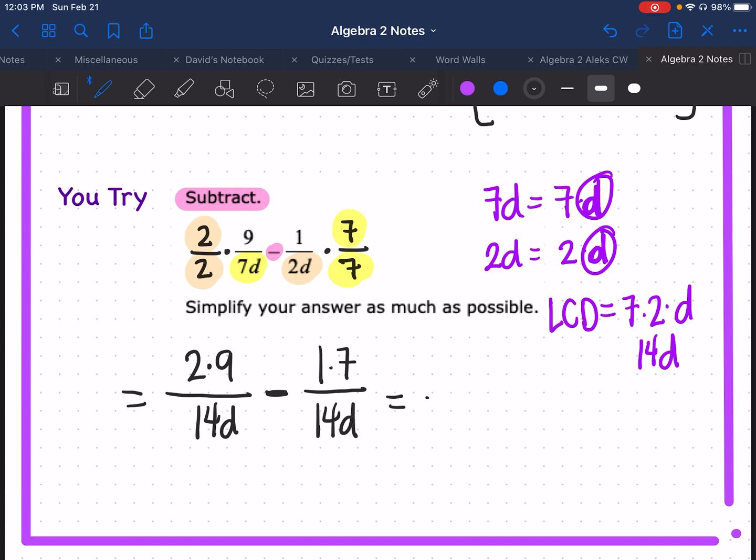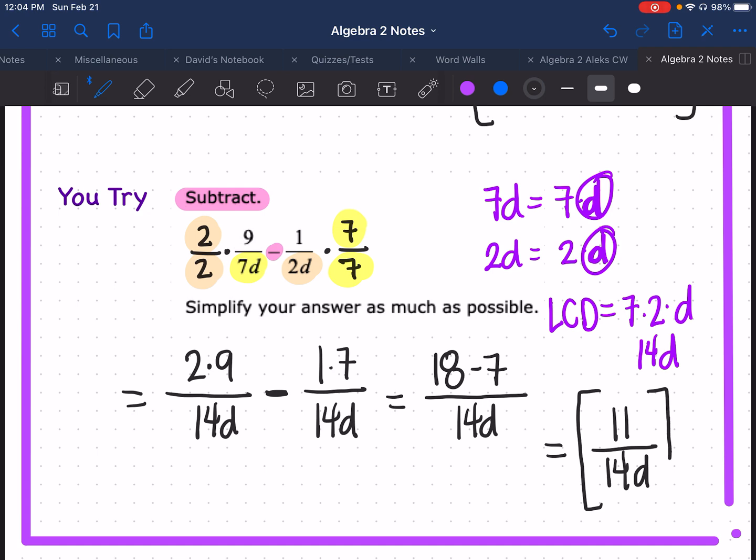All I have to do is multiply 18 minus 7 over 14D, and then 18 minus 7, I know what that is. That would be 11 over 14D. The last thing I would have to check is 11 over 14. Does it reduce anymore? Does it simplify? No, it does not. There's my answer.